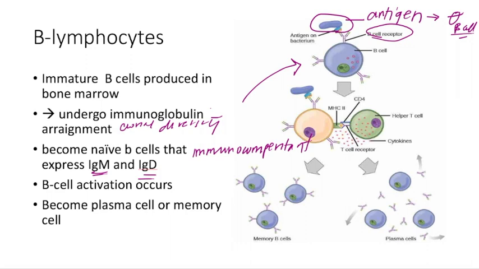So what happens then is they proliferate and differentiate, that clonal selection. And they're either going to go into a plasma cell or they're going to go into memory cells. When we talk about the plasma cells, these are your antibody factories. Memory B cells are going to live long term and provide memory. So each plasma cell is a factory. So we get antigen recognition on a single B cell receptor.